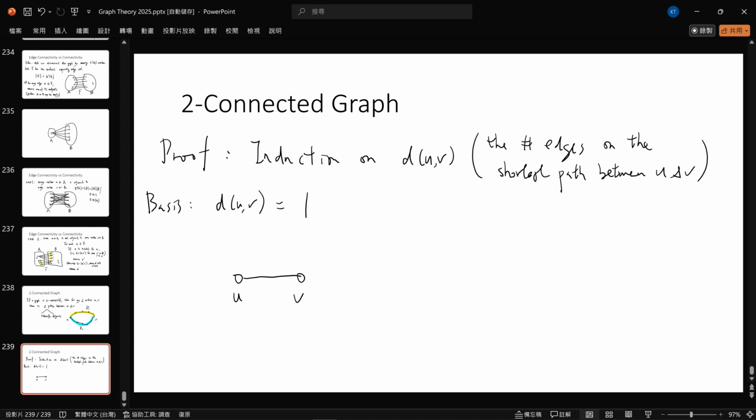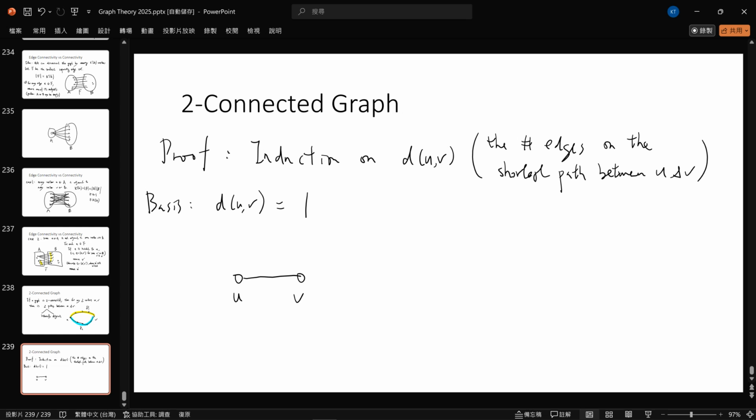Okay, so if the shortest distance between U and V is 1, this means there's an edge between U and V. Okay, so we have to show that for this kind of graphs, there are 2 internally disjoint paths. Clearly we already have one. That is, this edge UV alone is a path between U and V.